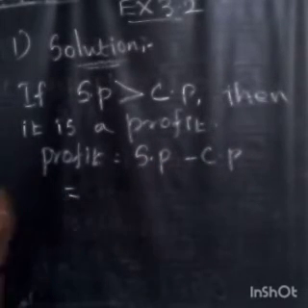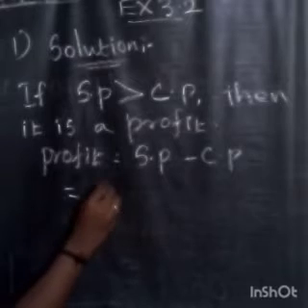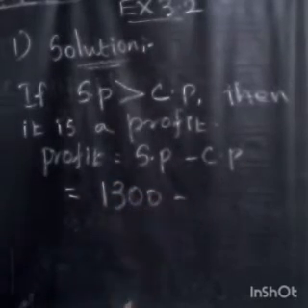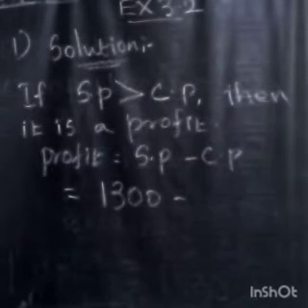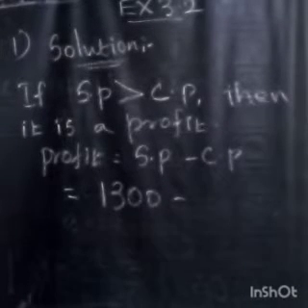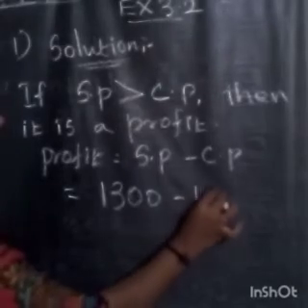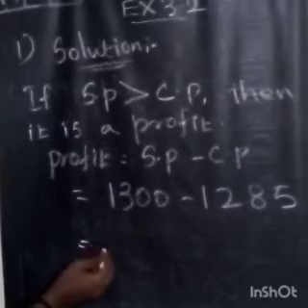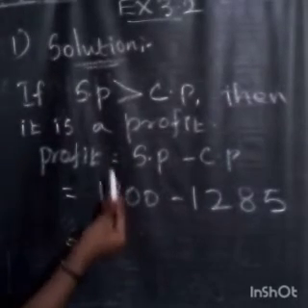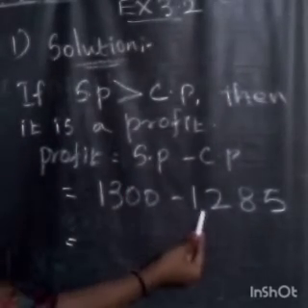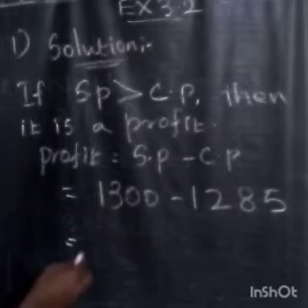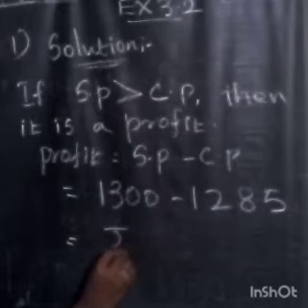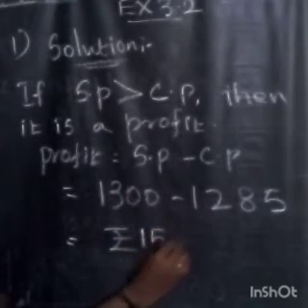So here the selling price value is 1300 and the cost price value is 1285. So subtract 1300 minus 1285, we get rupees 15.